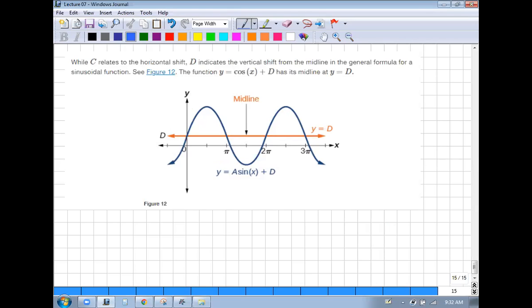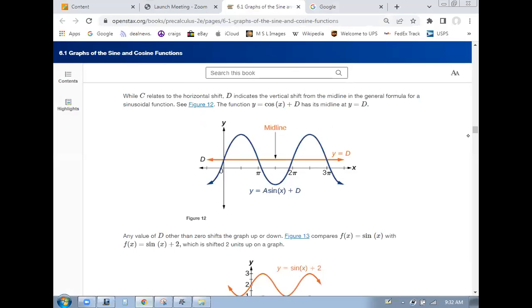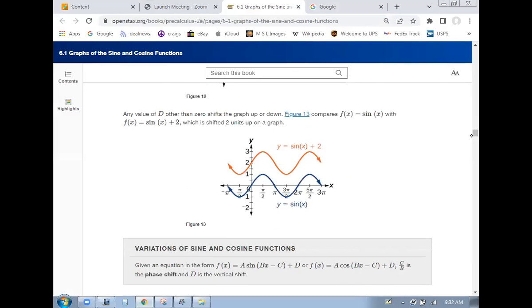You want to go both ways between the visual and the analytical. So this thing has been moved up by a little bit by d, right? So this is going to be sine plus d, okay? Like this one here, you got sine x plus 2. All they did was move sine up by 2.